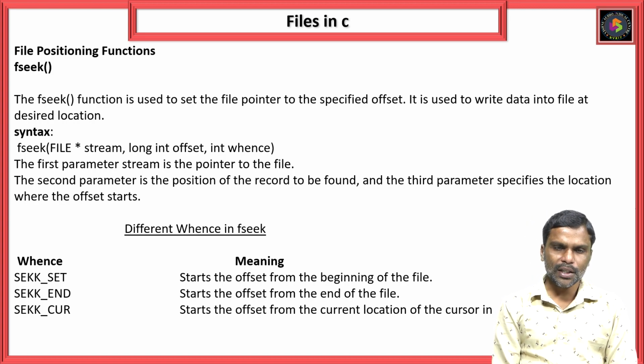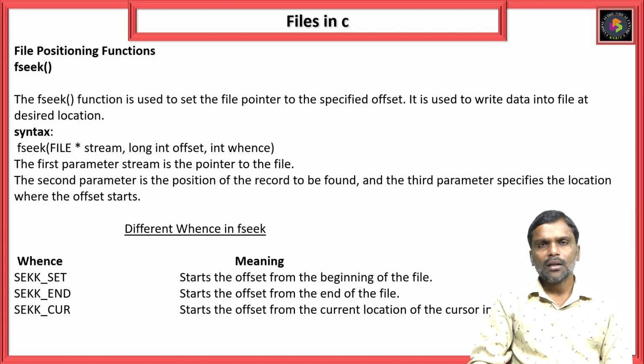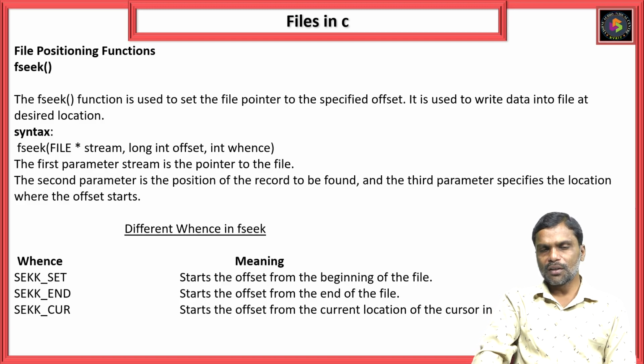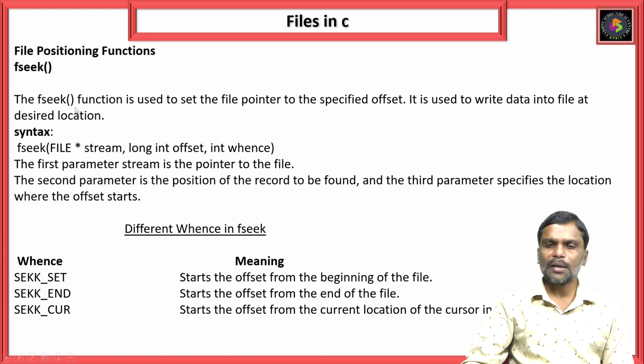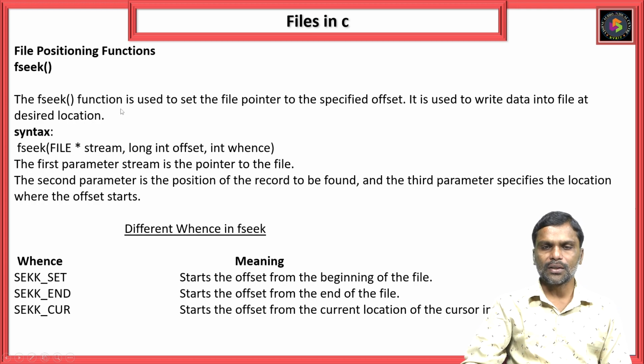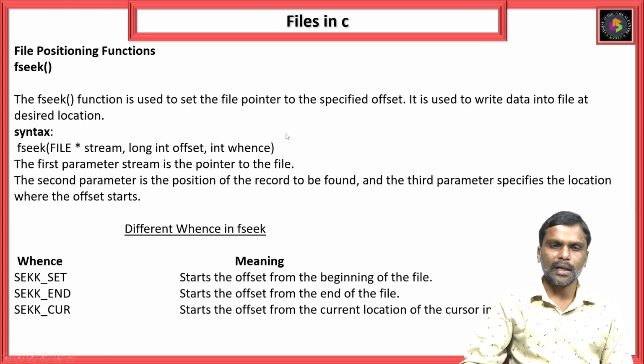So students, one by one we are going to see these three types of file positioning functions. Number one, fseek. This function is used to set a pointer to the specified offset. It is used to write the data into the file at the desired location.